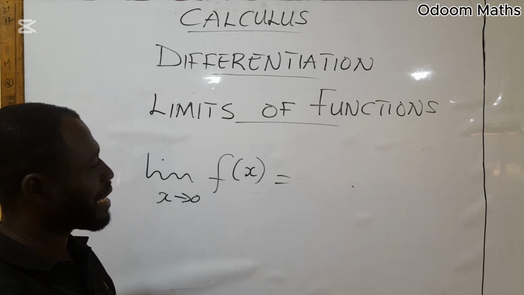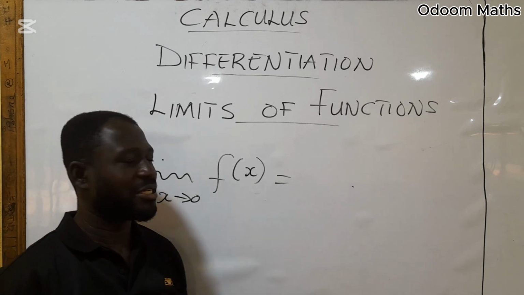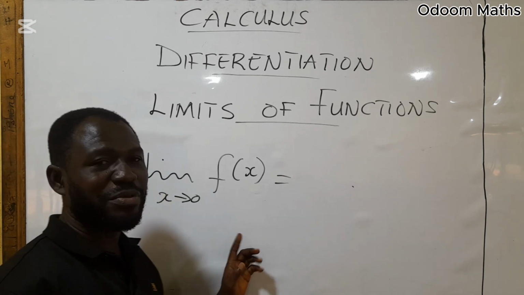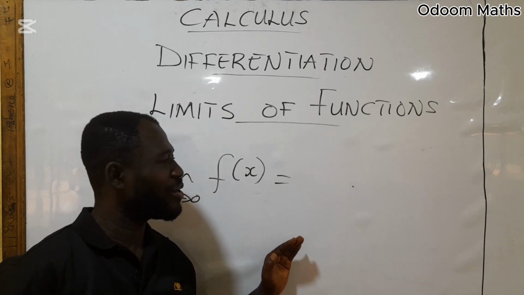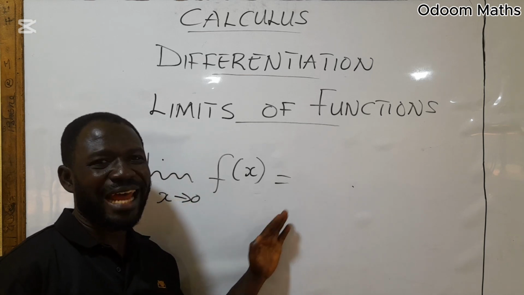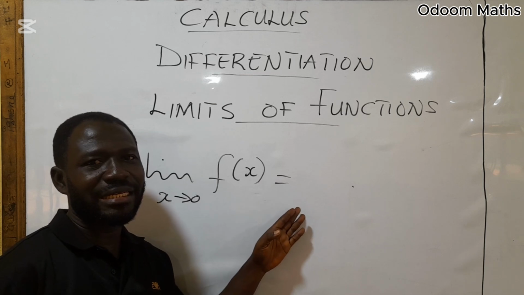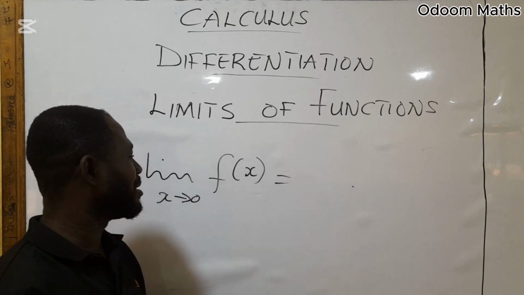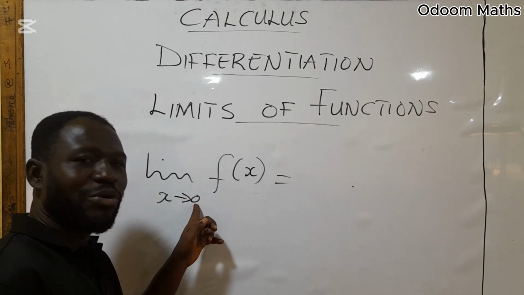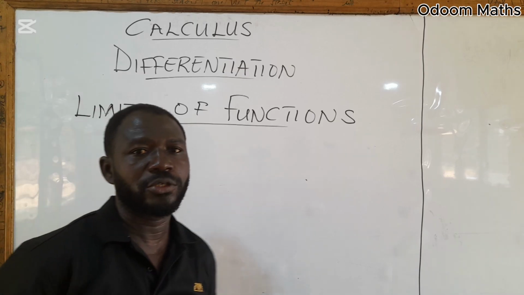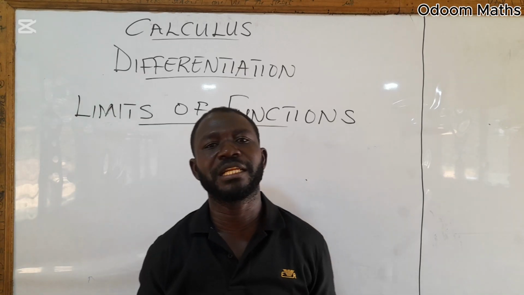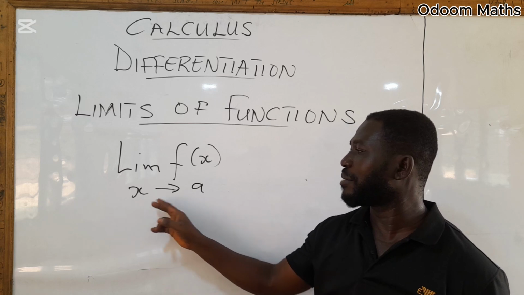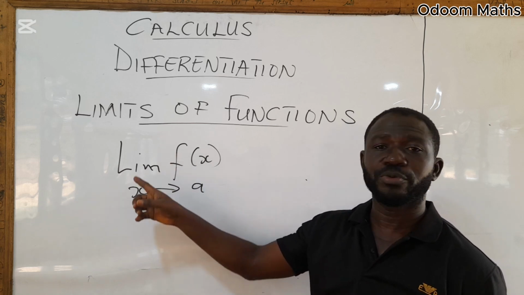Okay, so like I used the football pitch where I said the ball can be on the line or in between the lines. If you go outside the line, then there should be a restart. So it can be 0 or approaching 0. Okay, so the limit of the function f of x as x approaches a, that is how it's supposed to be read.